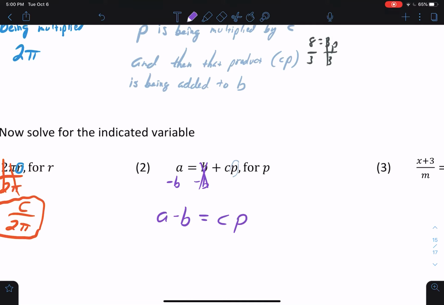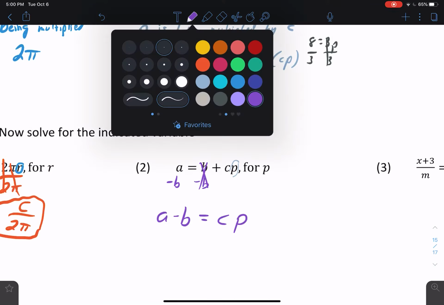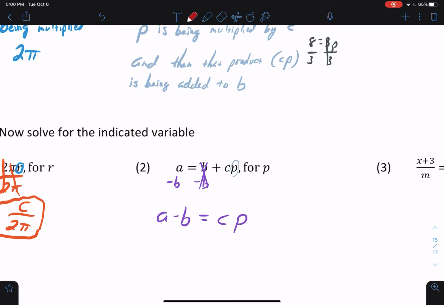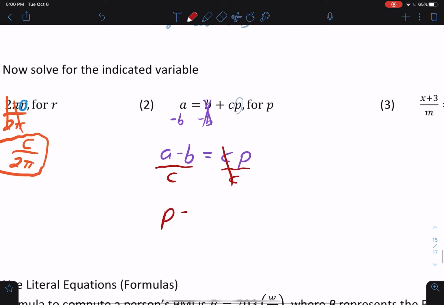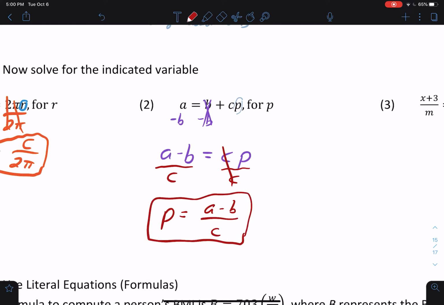Our end goal is to get the p by itself. Is the p by itself? Not yet. What is the c doing to p? Multiplying. How do I undo multiplication? I divide. So I'm going to divide both sides by c. Then I get p equals a minus b all over c. p is by itself, and we just followed the solving steps.